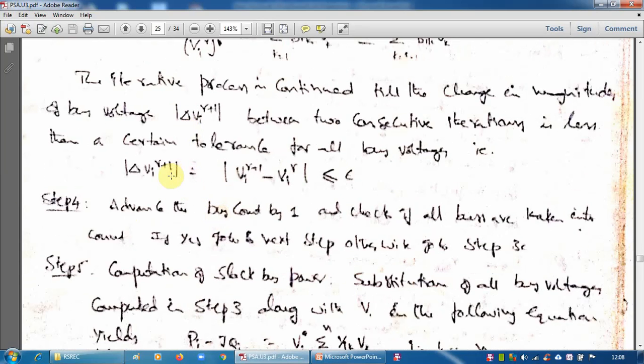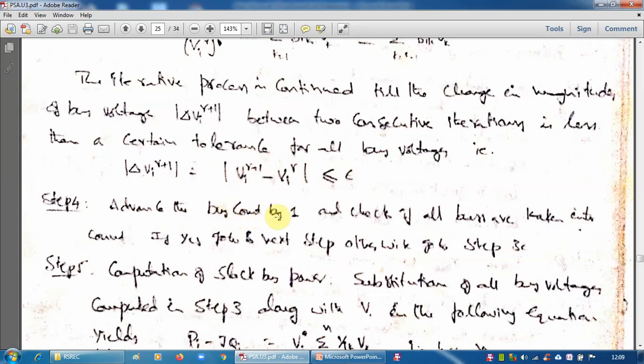Now, immediately after calculation of V and delta, as I said, we have to make the convergence check. Before going to the next iteration, the difference between this iteration value and the previous iteration value for all bus voltages is to be calculated. If this difference is less than a very small value, called the convergence criterion eta, then go for the next step.